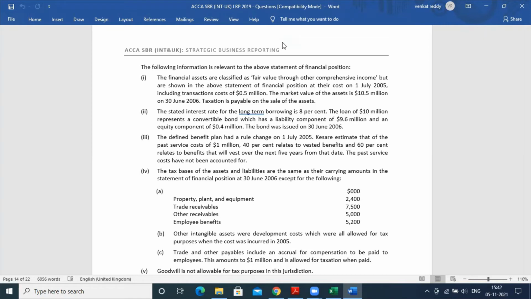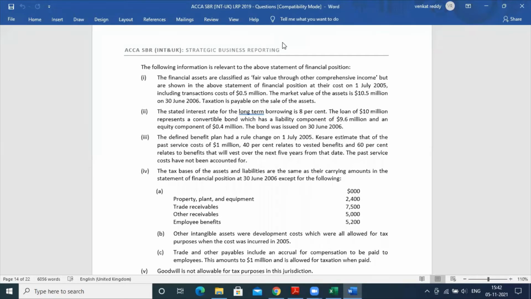As the next adjustment, the tax base of all assets and liabilities are same as their accounting treatment in the statement of financial position at 30th June 2006, excluding the following transactions. So in that, the first exclusion is property, plant and equipment.